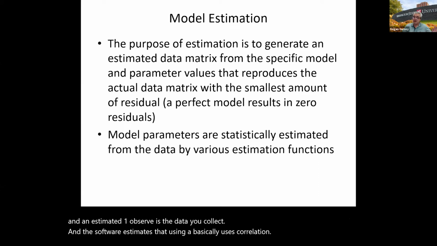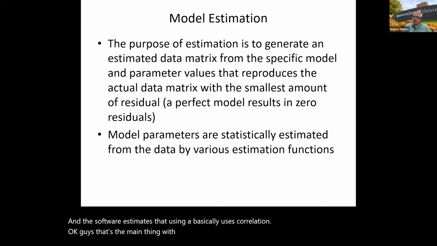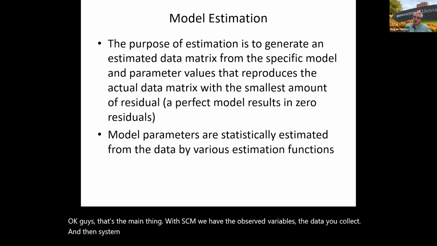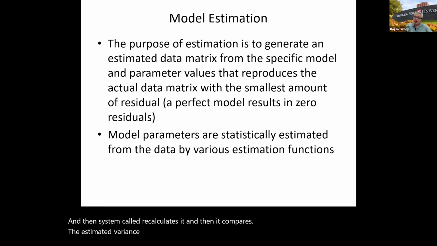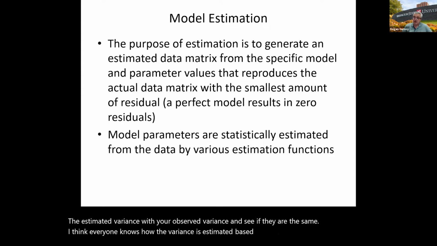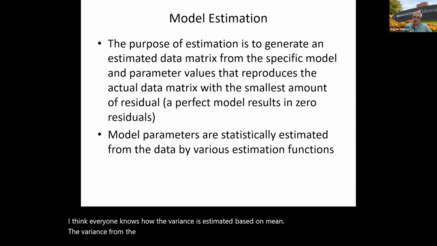Okay, guys, that's the main thing with SEM. We have the observed variables, the data you collect, and then the system calculates the estimated variance and compares it with your observed variance to see if they are the same. And I think everyone knows how the variance is estimated, based on the variance from the mean score. Everything is based on those things.